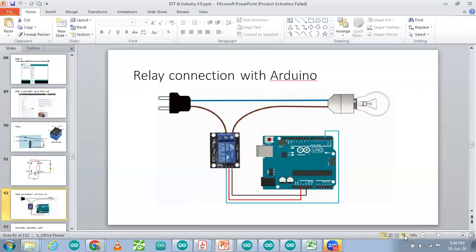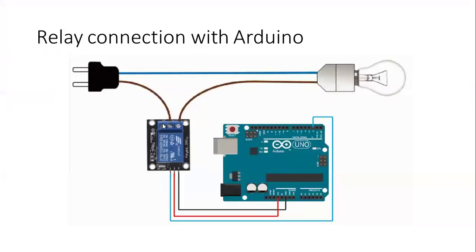You connect your home appliance like AC, fan, TV, LED bulb or light: just cut one wire and insert it in the relay board, power the relay from the Arduino, and you will be able to control that appliance using your program, whatever condition you want to write.